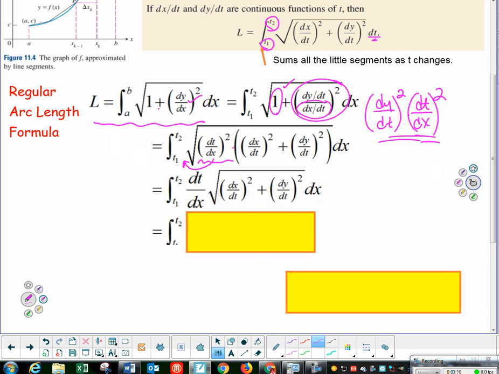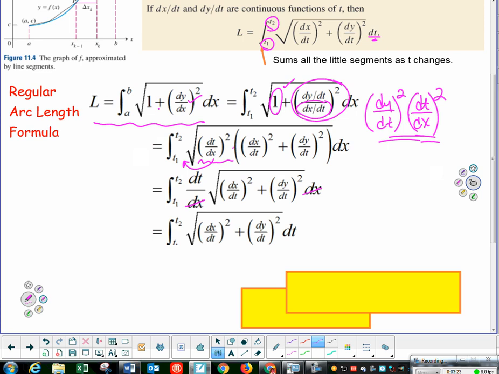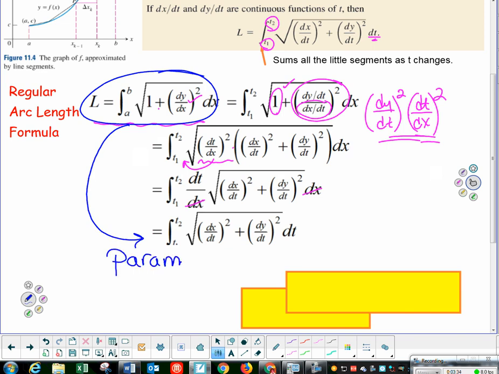And underneath, I'm sitting with dx dt squared plus dy dt quantity squared. But I've got dt dx, dx cancels with dx, and voila, we have been able to transform from the rectangular arc length formula to the parametric equation arc length formula.